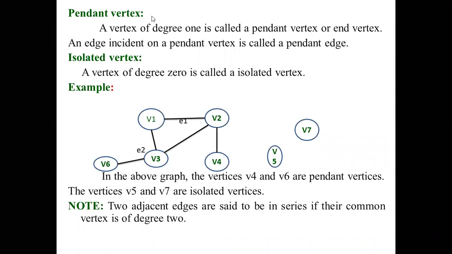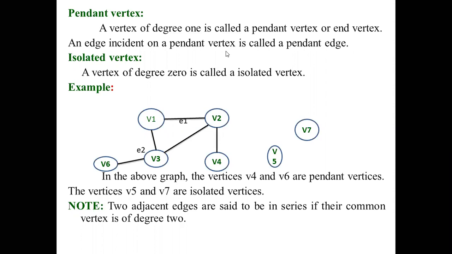Pendant vertex. A vertex of degree 1 is called a pendant vertex or end vertex, and an edge incident on a pendant vertex is called a pendant edge.